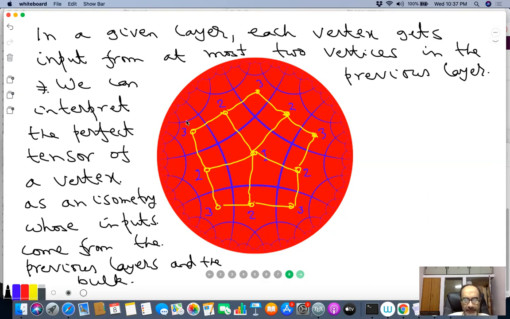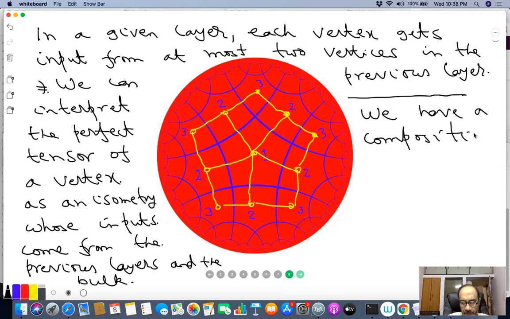So then the perfect tensor that is sitting in each point, you can think of as an isometry. And because all the internal indices are contracted, so we have a composition of many isometries. Okay, the composition comes because we are contracting the internal indices. But of course, we know that composition of isometries is an isometry.